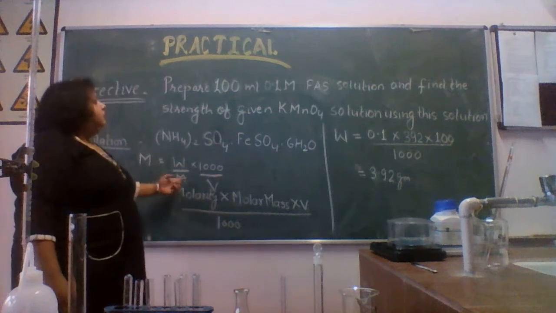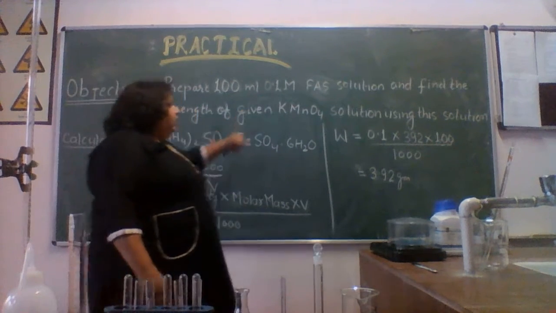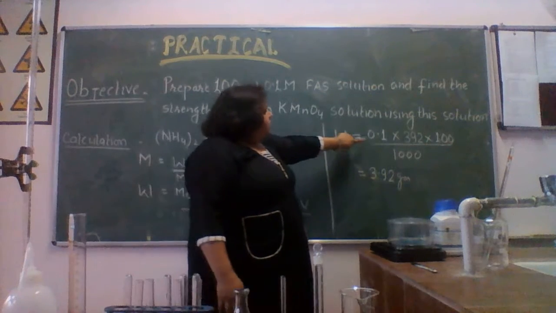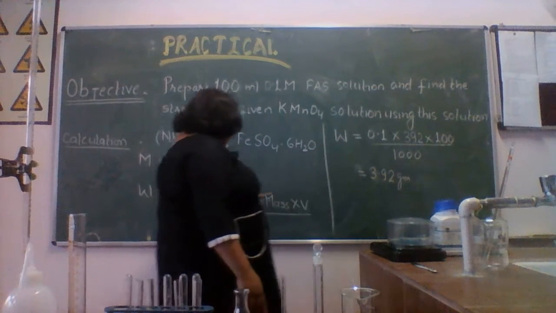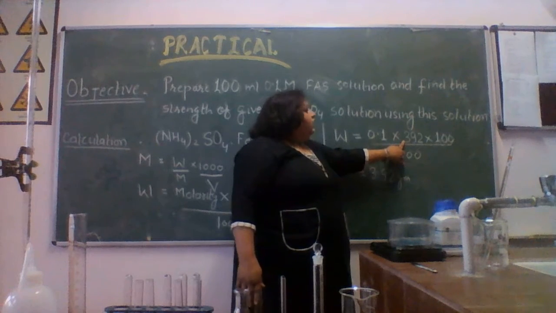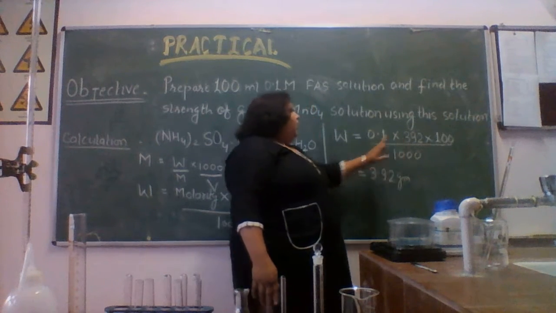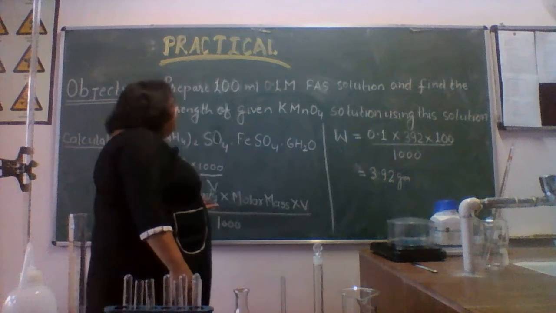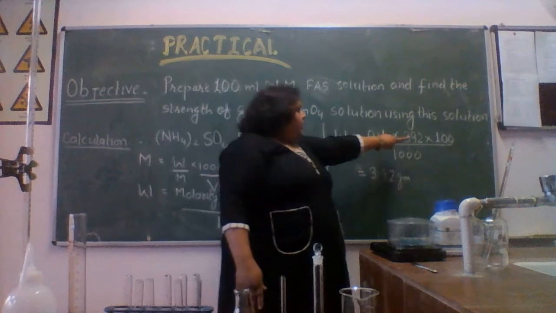Molarity that is given here is 0.1, so I have substituted the value 0.1 here. Molar mass of ferrous ammonium sulfate is 392, and the volume that I am going to use here is 100 ml.